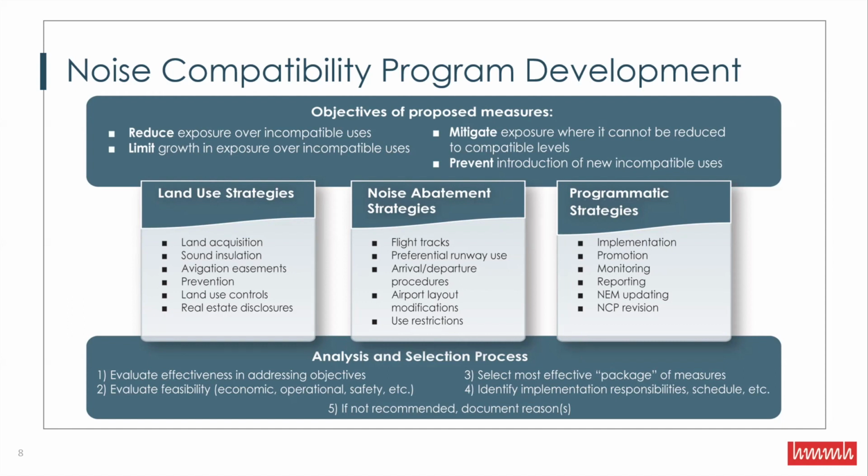Other is sound insulation of noise sensitive parcels, like providing doors and windows to residential properties. There are other things such as aviation easements, prevention land use controls that maybe prevent the introduction of new incompatible land uses, and also real estate disclosures.